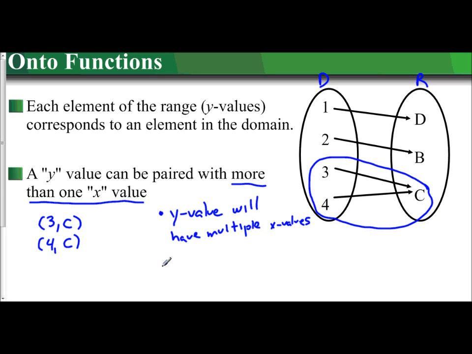And make a note for this, this point is for graphing. When you start to graph and you want to determine if something is an onto function, one way to look at it is if it fails the horizontal line test.